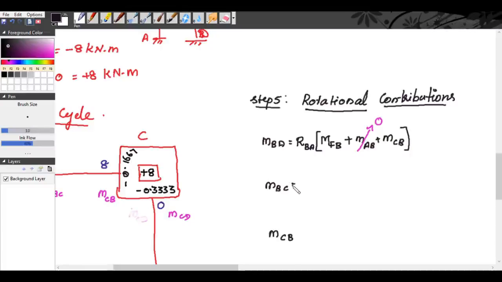Now, the formula for MBC is RBC, that is rotational factor for BC multiplied by resultant restrained moments at B, so MFB plus what are the neighboring joints for B? MAB plus MCB.